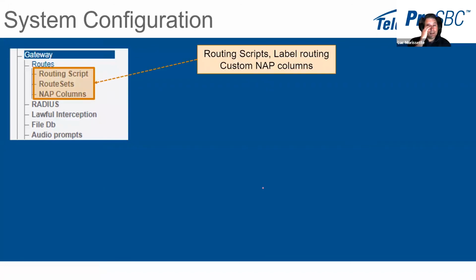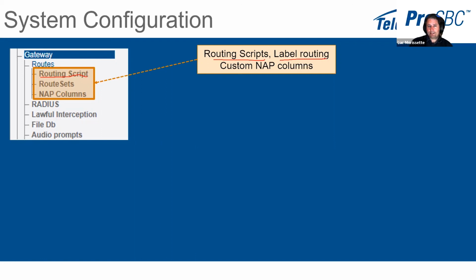I mentioned that in this portion of the system, you have the routing scripts. So if you want to create a custom script, you will want to go here. For example, one of the scripts that is used by many customers, we call it label routing.